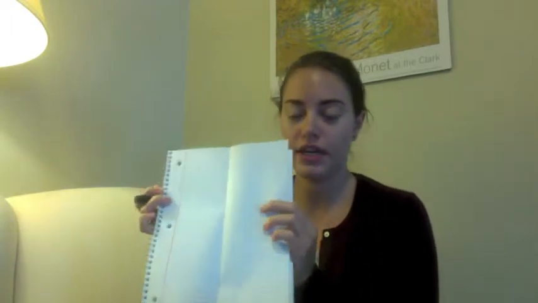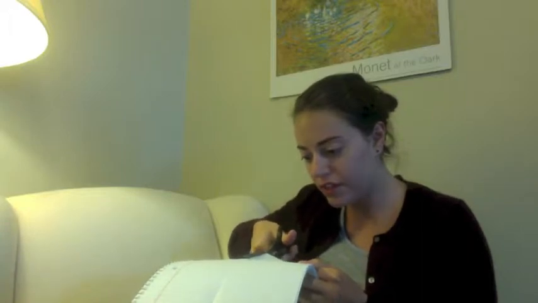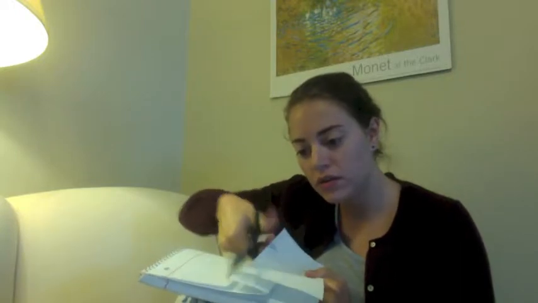So I'm going to unfold this one here and cut along that crease really carefully so I make sure it's nice and straight. Okay. So I just cut the first half off.